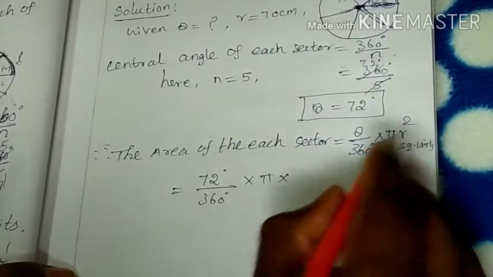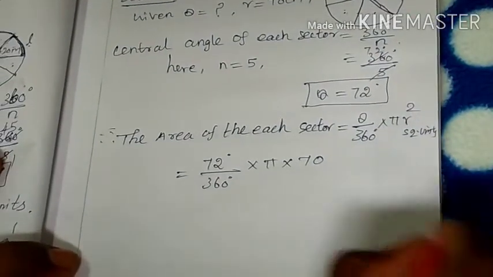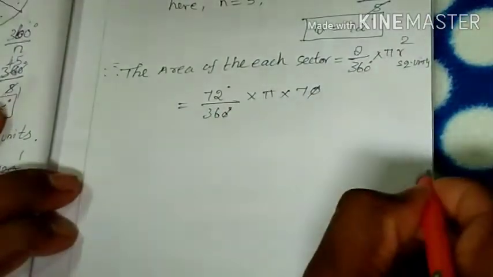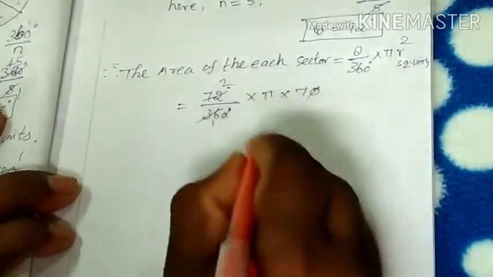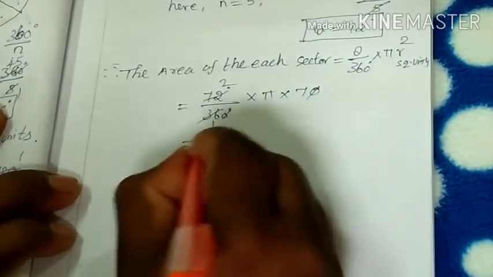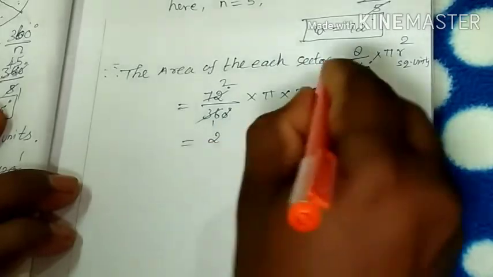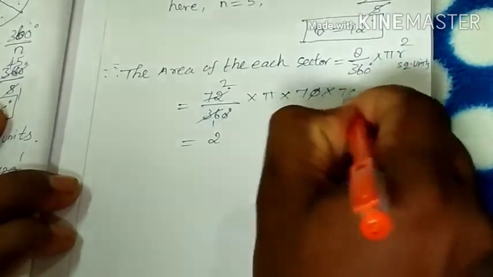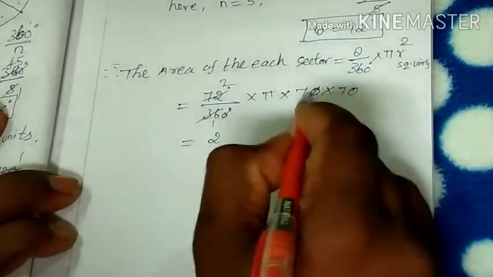The value of r is 70 centimeter. So making the cancellation, the zeros are cancelled. Then this is 1 times of 36, 2 times of 36, 72. The remaining number is 2. So the r value is 70 into 70, because r square is 70 into 70.